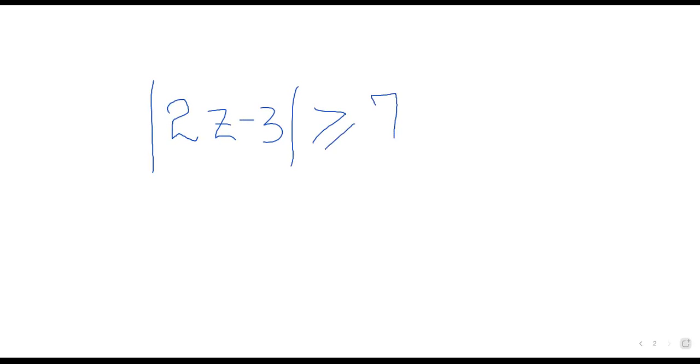It is the absolute value of 2z minus 3 greater than or equal to 7. Greater than or equal to 7.